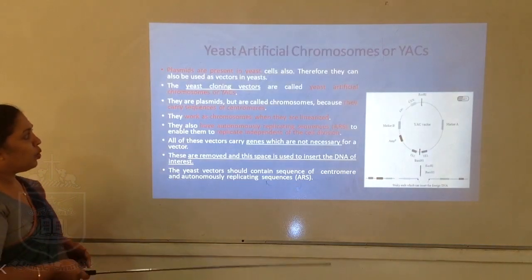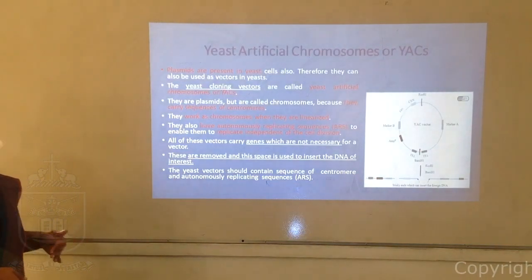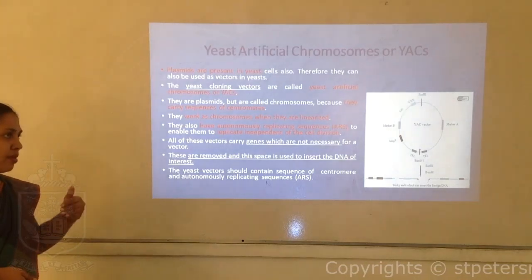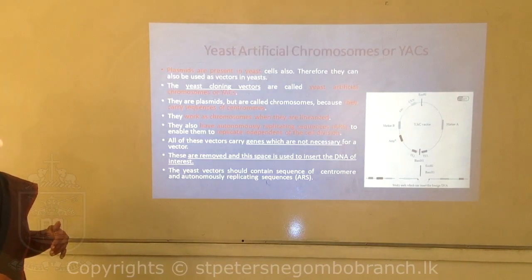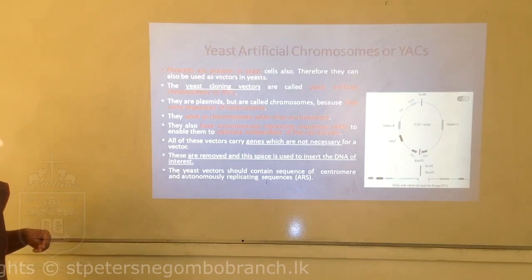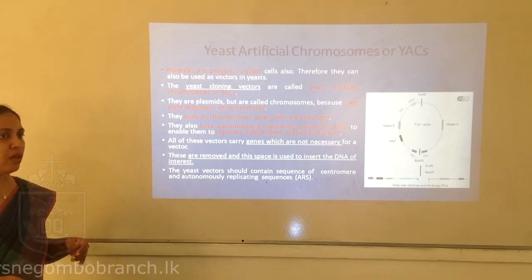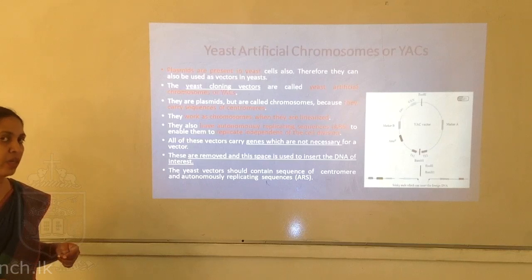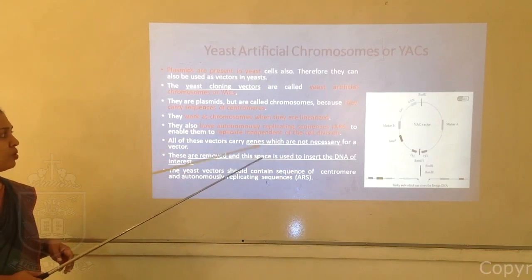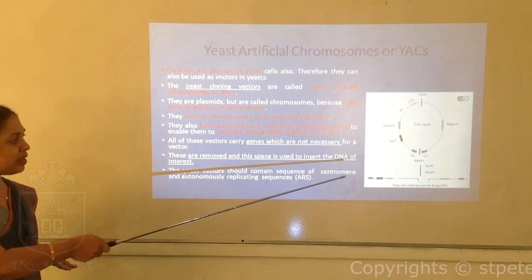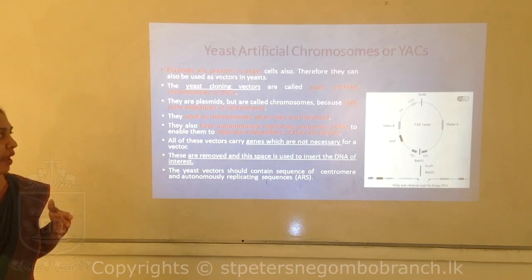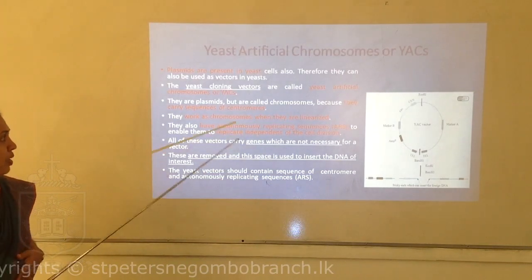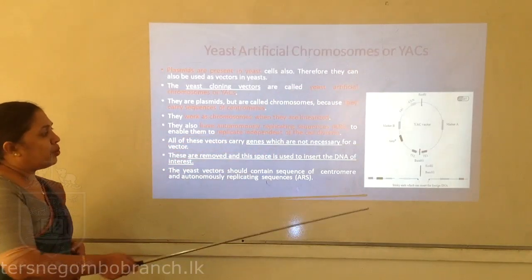They can act as chromosomes because they have some sequences related to centromeres. Centromeres are usually in chromosomes, as in eukaryotic cells. So when we are linearizing, because they have those sequences, they can act as a chromosome. So that's why, though it is a plasmid, we know it as a yeast artificial chromosome.